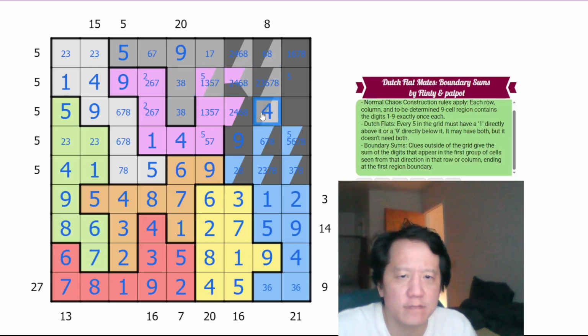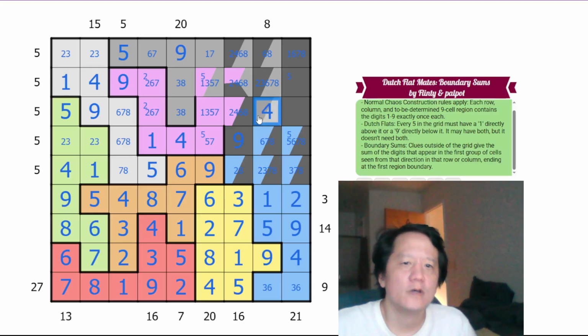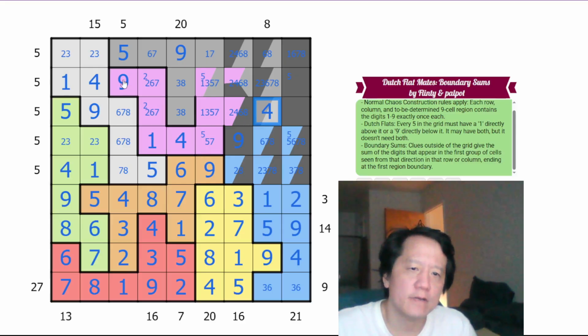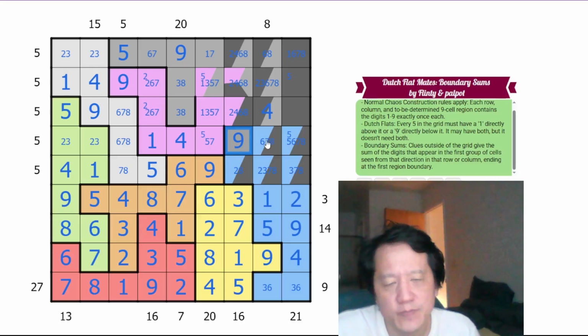Let's not remove that possibility. Pink then. 1, 2, 3, 4, 5, 6, 7. It could be 8, 9, 8, 9, or 8, 9. Any of those are possible.